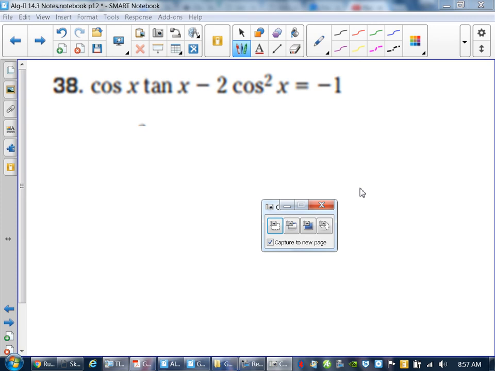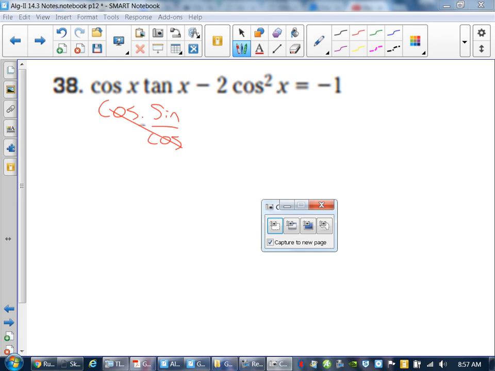So cosine times tangent is cosine times sine over cosine, which gives me sine. What do I rewrite cosine squared as?